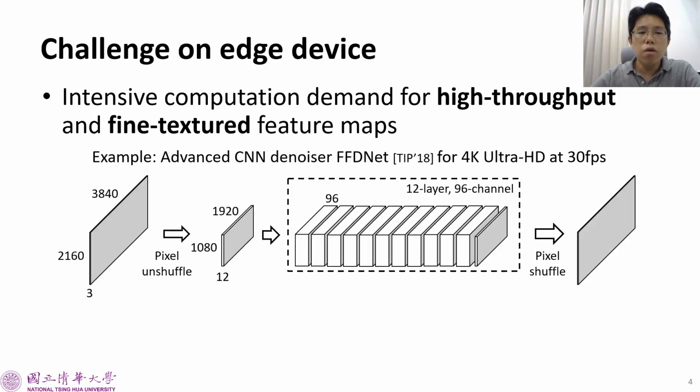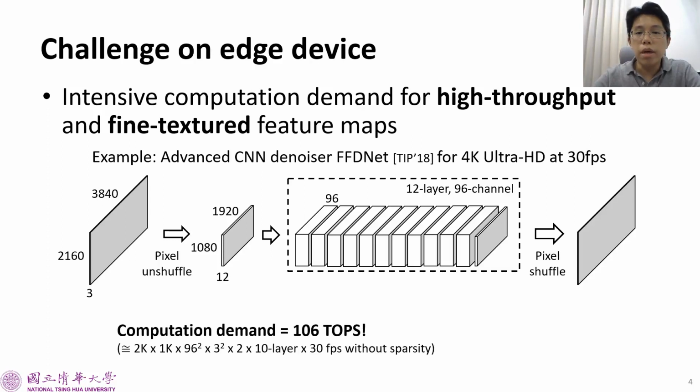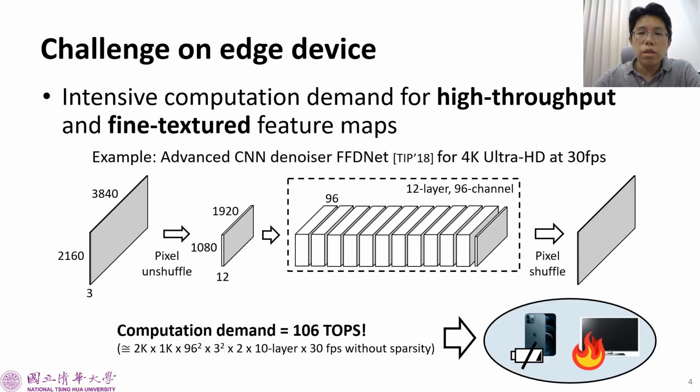For example, for the advanced CNN denoiser FFDNet, if we want to use it to generate videos with 4K Ultra HD resolution at 30 frames per second, the computation demand will be up to 106 tera operations per second. And this will certainly lead to serious issues on battery and heat.